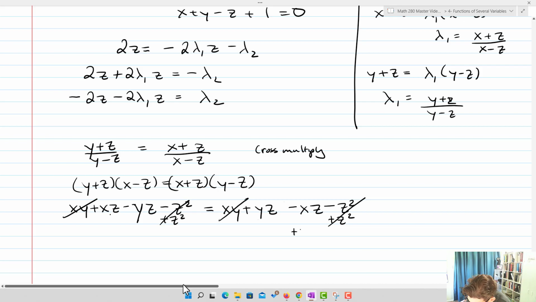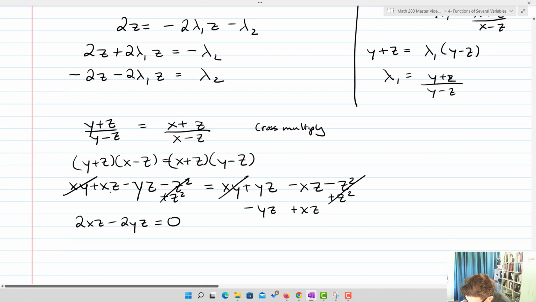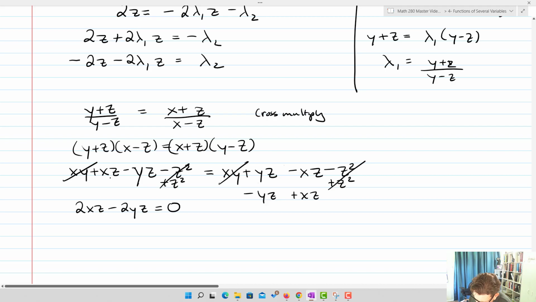So add xz, subtract yz from both sides. I get 2xz minus 2yz equals 0. Now we can factor out z, so 2z times x minus y equals 0.